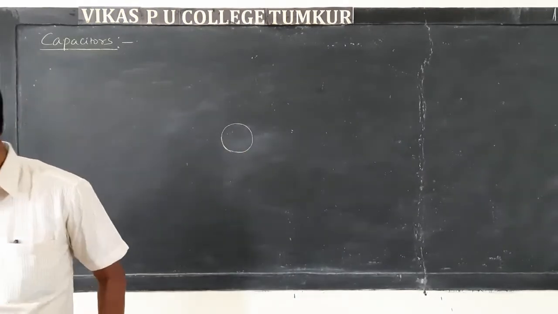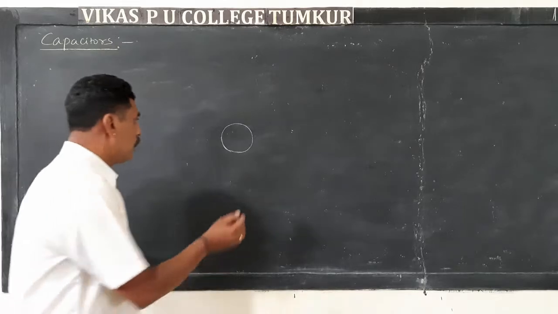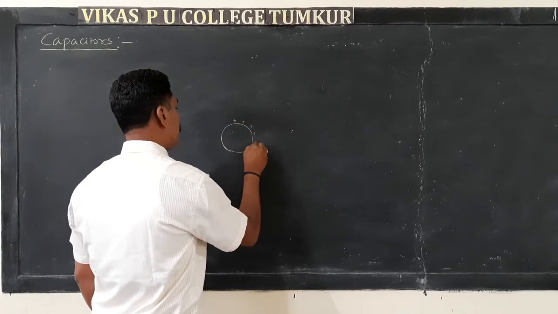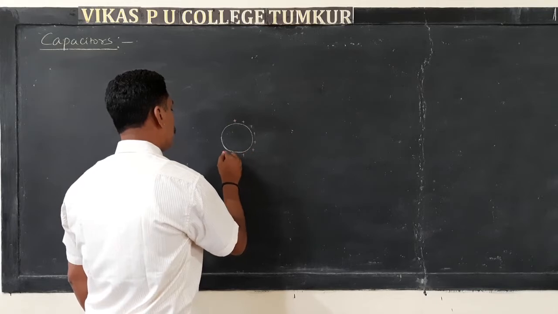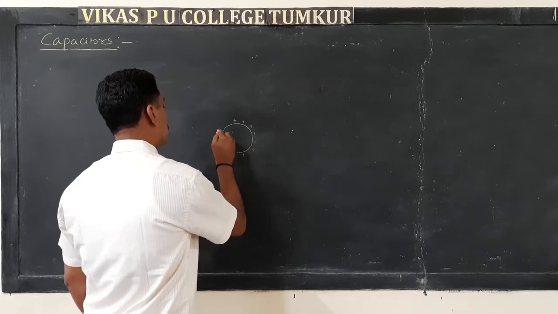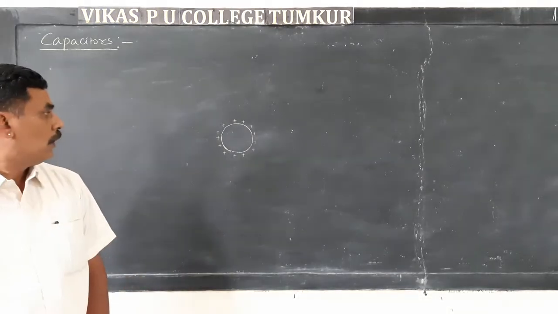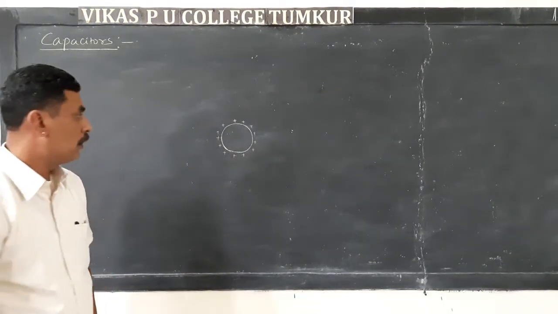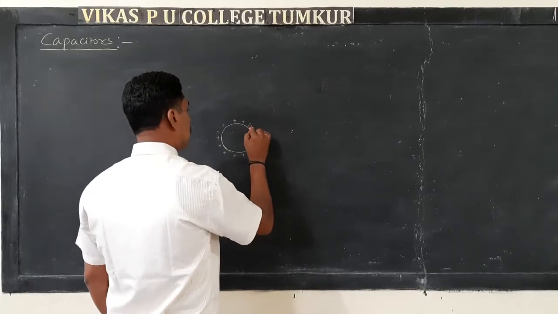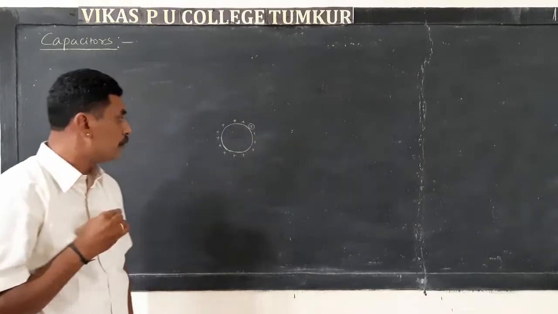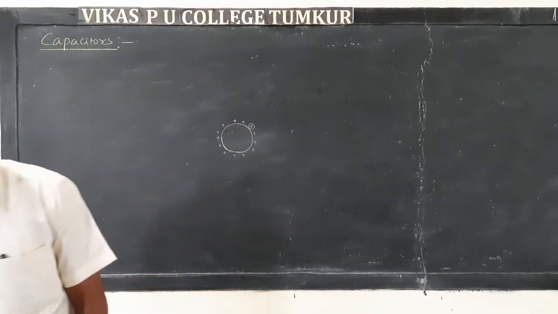If you happen to charge a sphere, the charges will be uniformly distributed because of uniformity in the curvature, and hence the resultant force acting on a charge due to the neighboring charges will be zero. The charges can be stored.